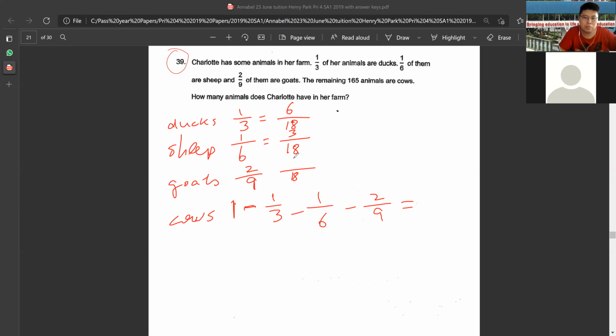And 1 times 2. Then this one added all together is how many? 13 over 18. So I minus it off: how many over 18?